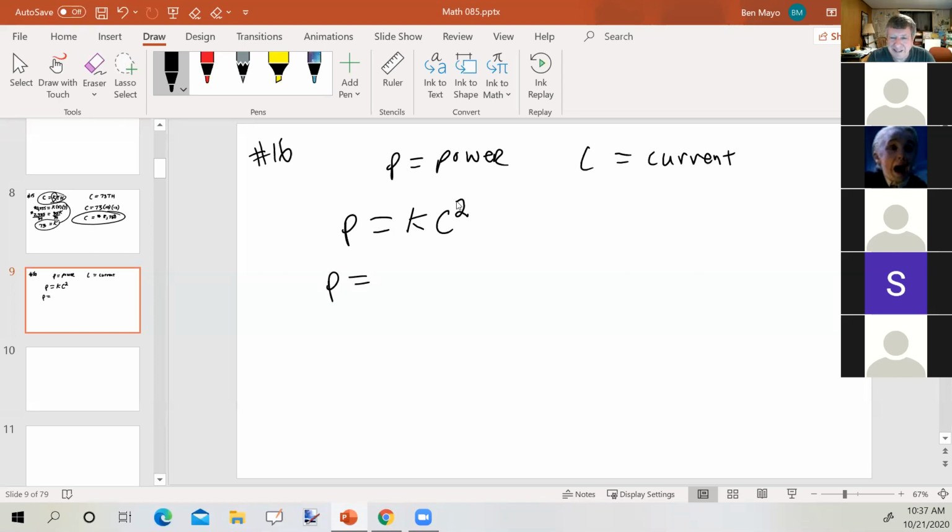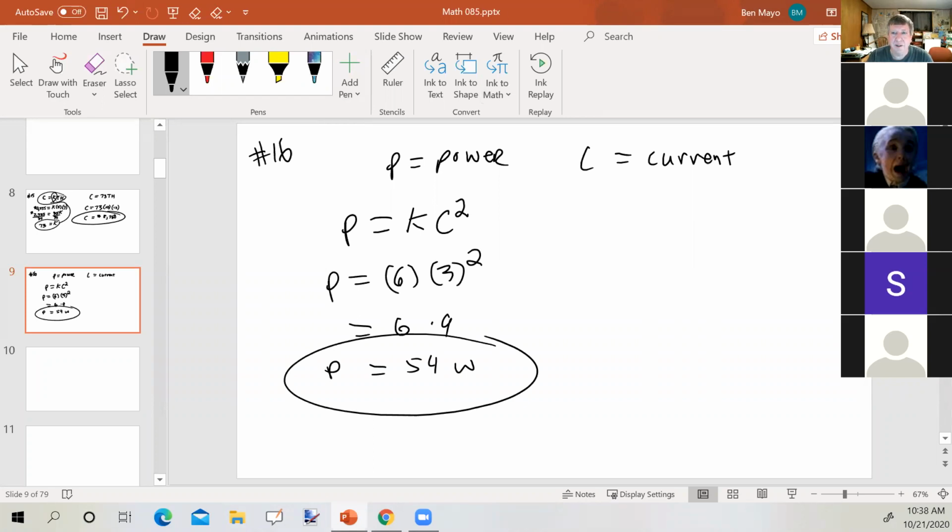Now here it's kind of a little bit tricky, but they tell us K. They tell us the constant of proportionality, or the variation constant, because it says the constant is the resistance, and it says it's lost in a 6 ohm resistor. So K is 6, C is 3. So then we get 6 times 9, 54, and that's watts.